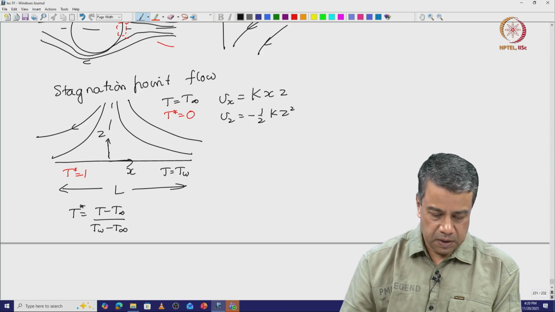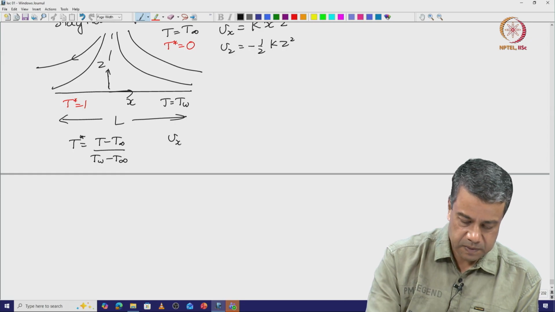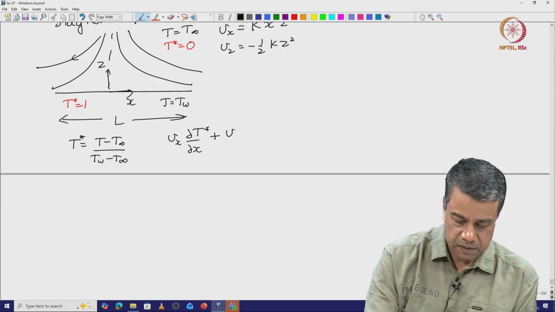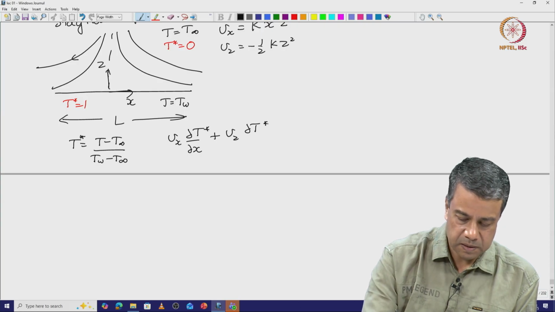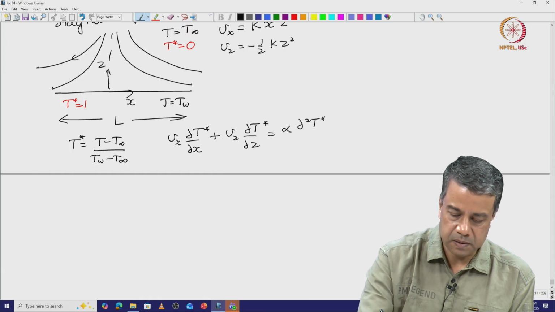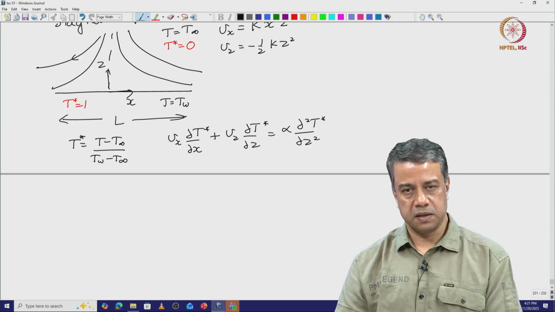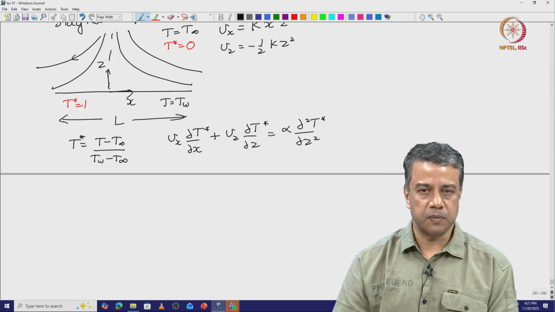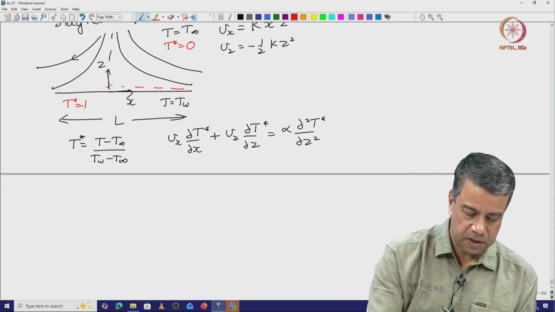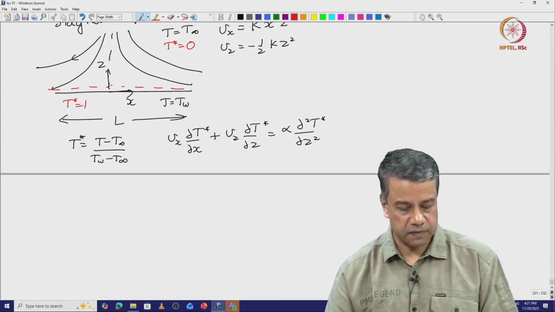The equation becomes Vx partial T star by partial x plus Vz partial T star by partial z equal to alpha partial square T star by partial z square, neglecting the streamwise diffusion in comparison to the cross stream diffusion and assuming that the boundary layer thickness within which there is a disturbance to the temperature is much smaller than the length of the plate L.